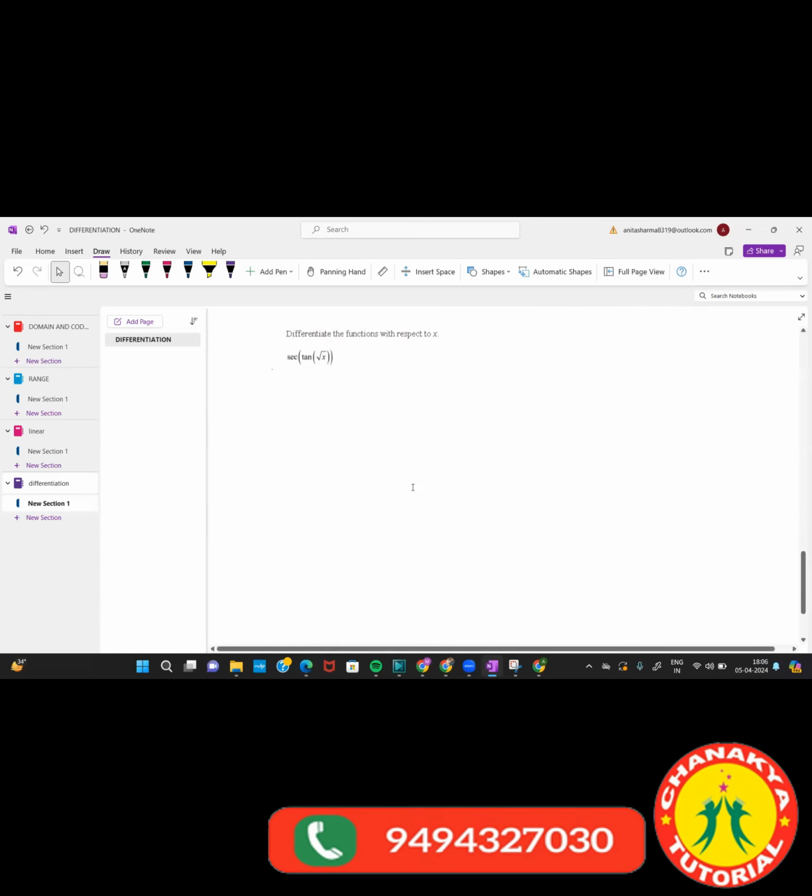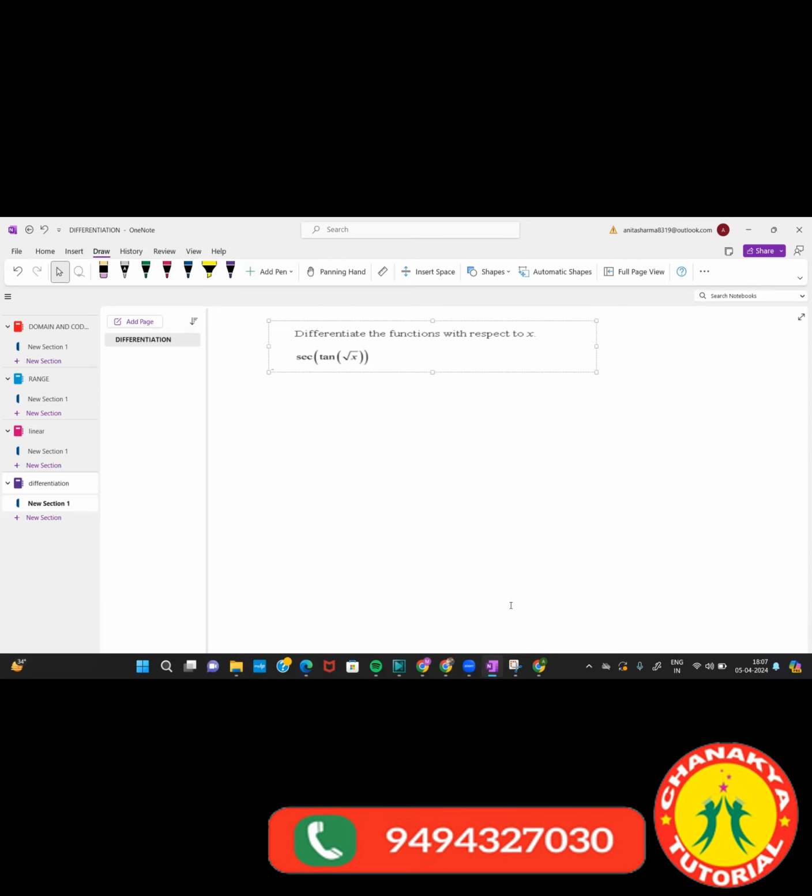Now the next question is: any idea about this one? Ma'am, here you will use tan, root x. Yes, the differentiation of x here will be 1 by 2.